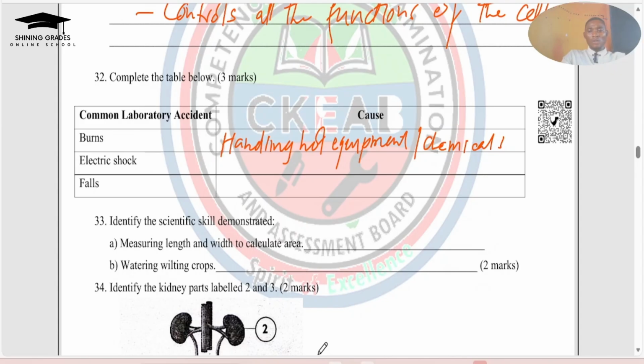Electric shock is caused by faulty wiring. It can also be caused by wet hands. So the main one is faulty electric equipment or cables or open switches. Falls can be caused by slippery floor.